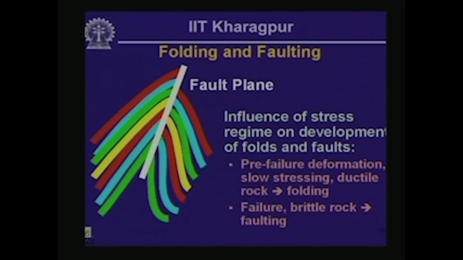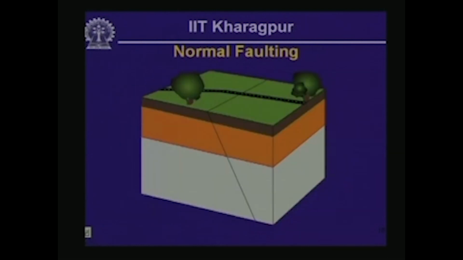As a result, what we normally see is that near the surface of the earth, rocks behave in a much more brittle manner, and as a result faulting is a prevalent structural geologic feature, whereas at great depths, a few kilometers, folding becomes more prevalent in comparison with faulting. Typically below 20-25 kilometer depth below the surface of the earth, faulting does not occur.